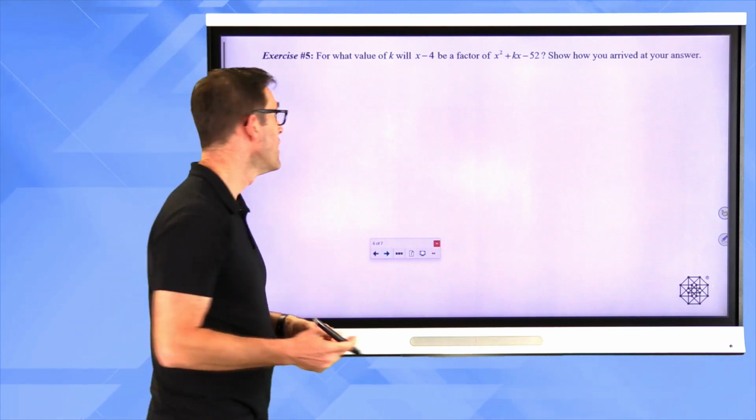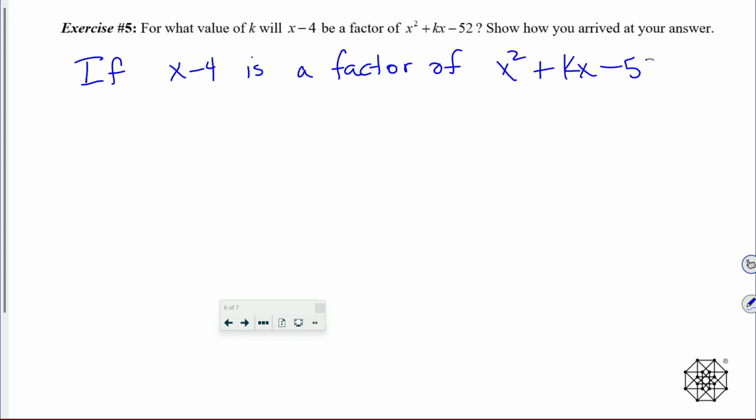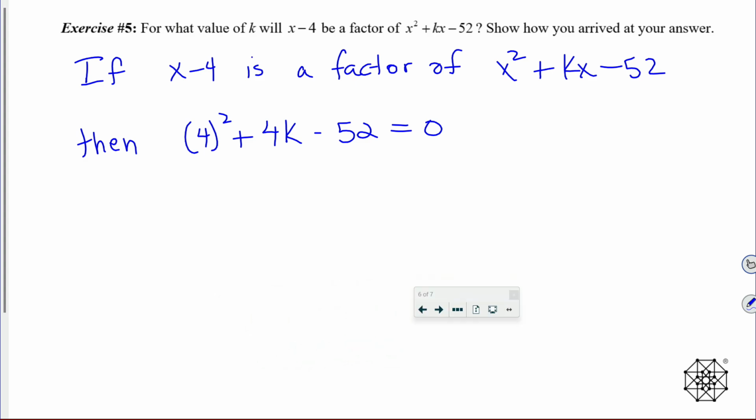Well, so let's just kind of lay it out, right? Let's figure it out as we go. If x minus 4 is a factor of x squared plus kx minus 52, then 4 squared plus 4 times k minus 52 has to be equal to 0, right?